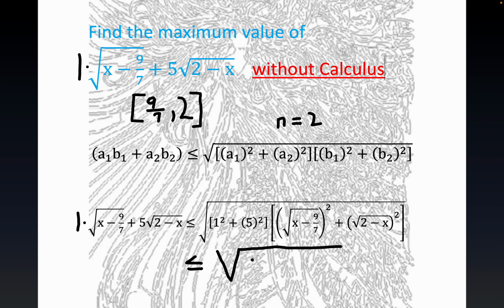And then you would have minus 9 over 7 plus 2. Notice that the x's go away, so you'll have minus 9 over 7 plus 2, which is what? Minus 9 over 7 plus 14 over 7, which is 5 over 7. So I'll write it like this: 5 over 7.